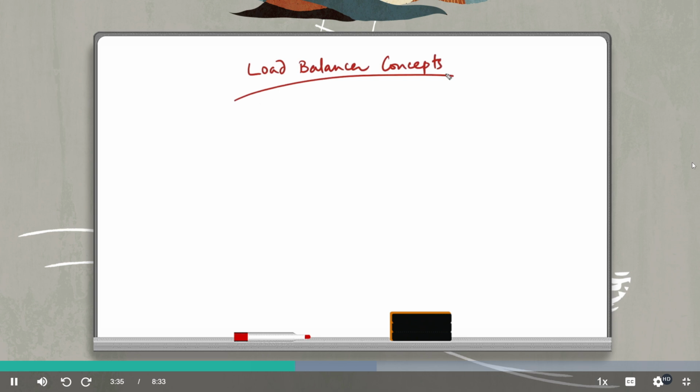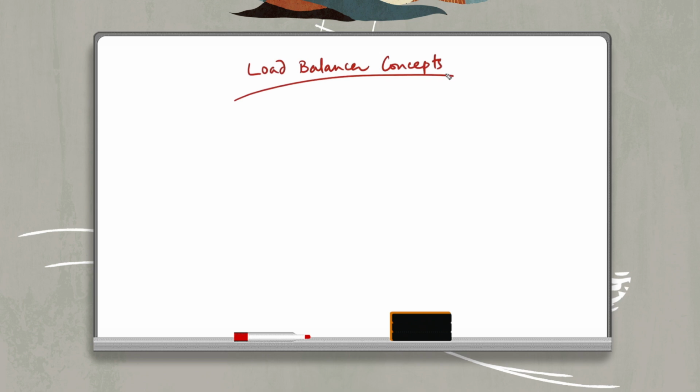Now let's talk about the load balancer concepts. There are a total of 9 concepts, and I will discuss them one by one. The first concept is that of backend servers. So what is a backend server? At the very start, I mentioned that a load balancer distributes the incoming traffic to multiple servers that are placed in the backend. So backend servers are the servers that will generate the content.